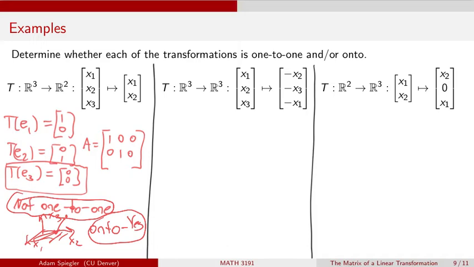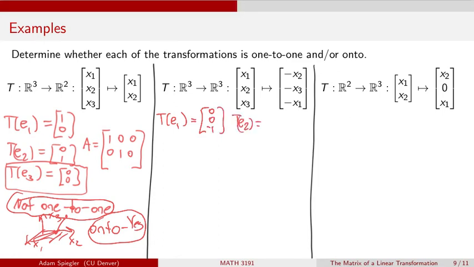Let's take a look at the next map, and we'll think about this similarly. If we want to think about what the matrix of this transformation looks like, well, T of E1, that's the vector that has x1 equal to 1, x2 and x3 equal to 0. So its image would be 0, 0, minus 1.